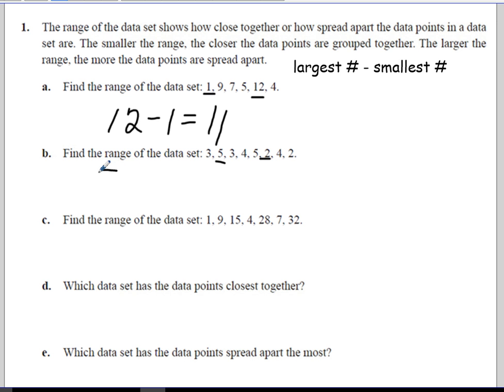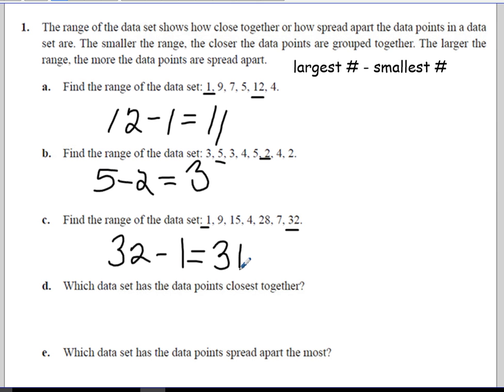So we need to do 5 subtract 2. And that will give us a range of 3. And then finally, for the range of the data set in part C, the largest number that I see is 32, and the smallest is 1. So we have 32 subtract 1 to get a range of 31.